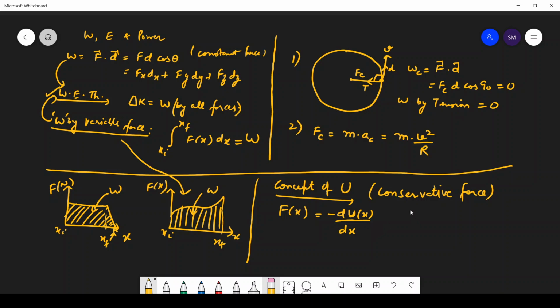So what is the significance of this formula? Suppose this is the x position and on this y-axis you have the potential energy, then you will have a curve also.